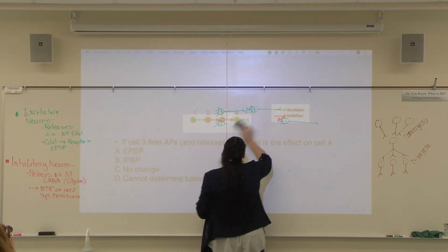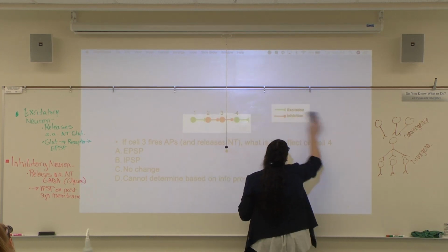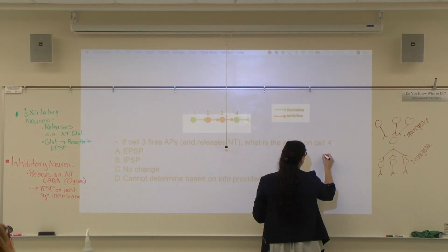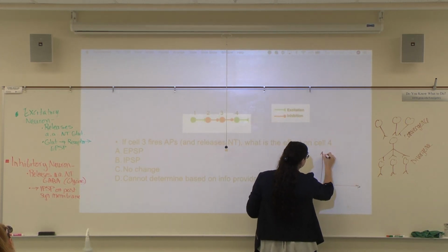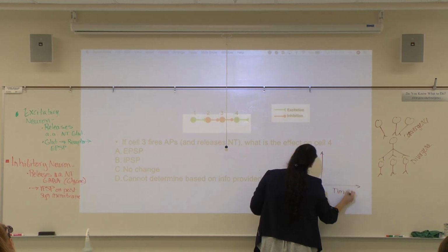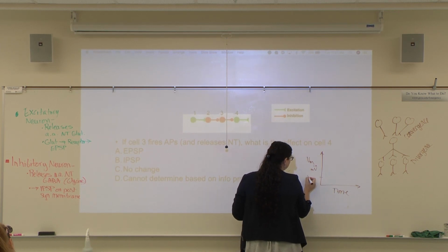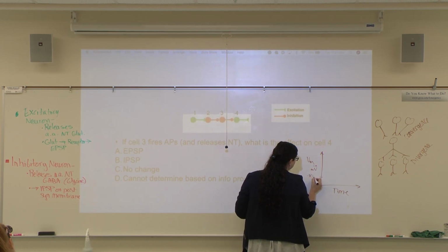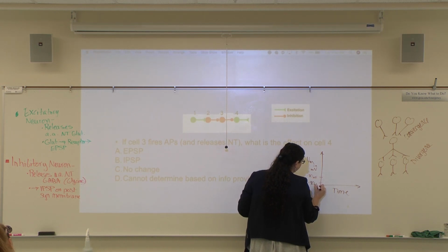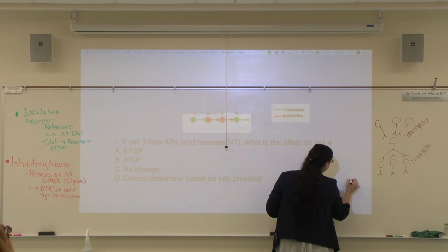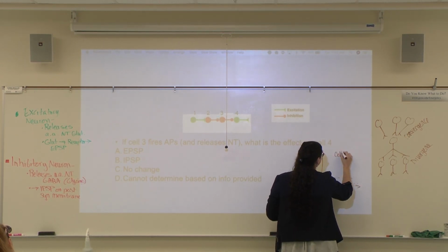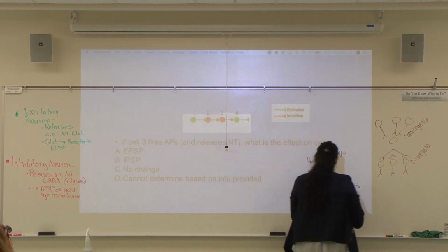What is my x-axis going to be? Time. And my y-axis? Membrane potential in millivolts. What is rest? Okay, and let's put EK in here just for some context. So we're recording from cell 4.